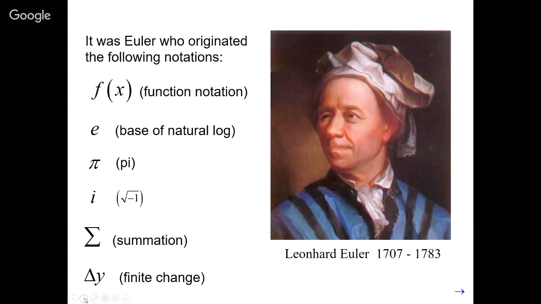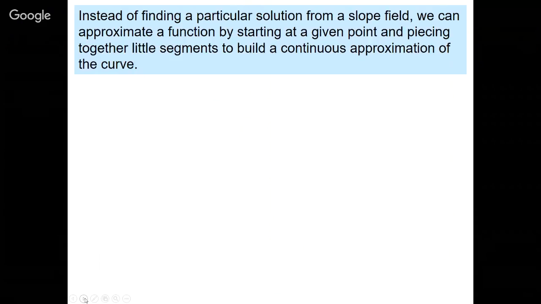Okay, so moving along here, we can find a particular solution from a slope field by looking at it and seeing the families of functions that it could possibly represent. And in looking at the slope field, we can see that maybe if we used tangent lines, we could approximate functions by piecing together little segments to come up with the curve, even if we can't integrate it, okay?